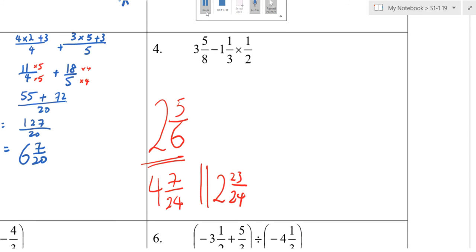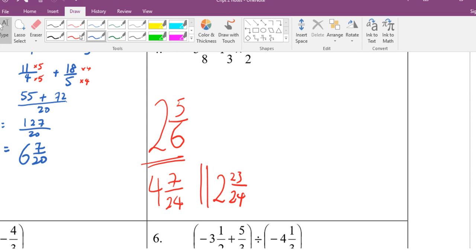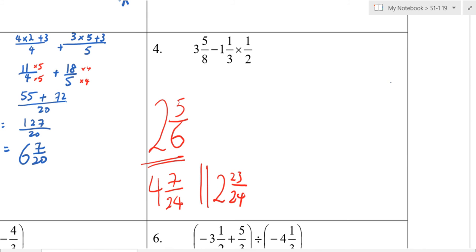Question 4, which one do I do first? The times. Can you tell me what to write? The first one you want to convert to improper or not? Convert. So convert to improper, what do you get? 24 plus 5. Do you get 29 out of 8?